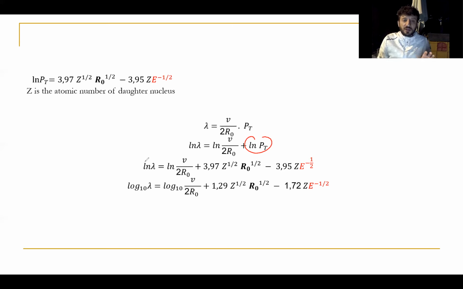You can use it in function of ln lambda, or put it in function of log 10. Now I want to put it in function of log 10 lambda. You can put it like this or like this.